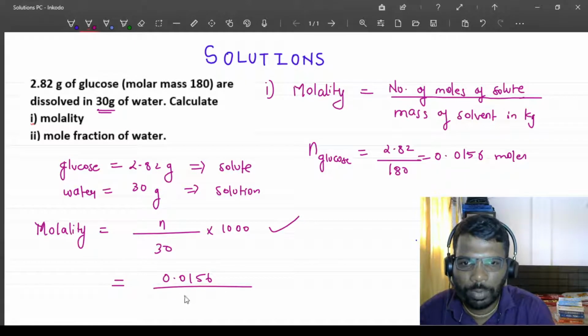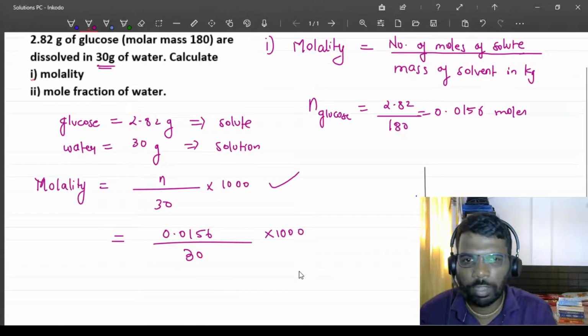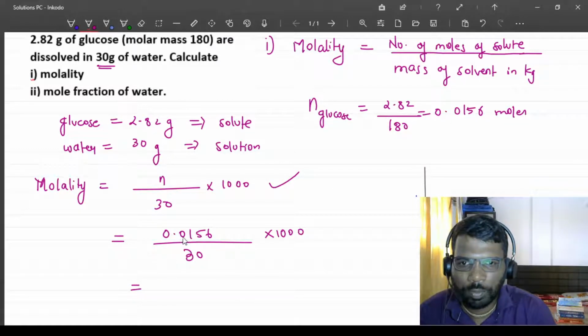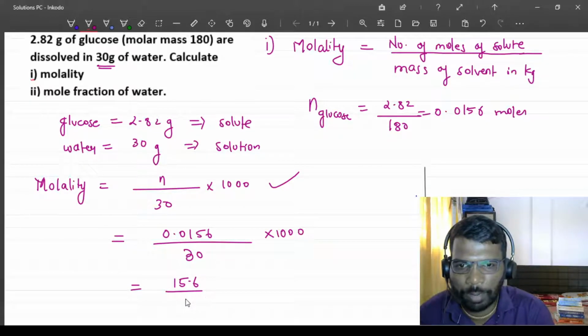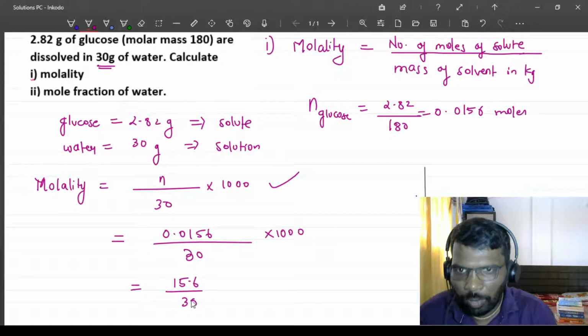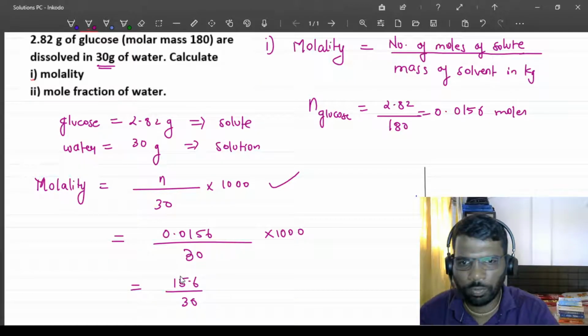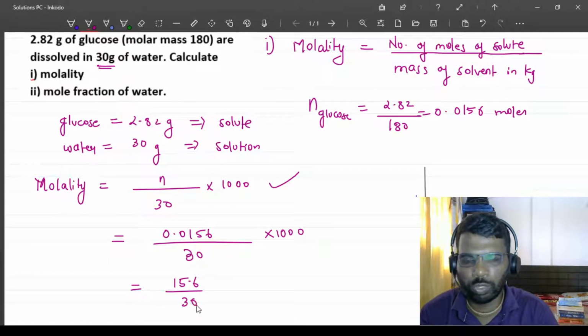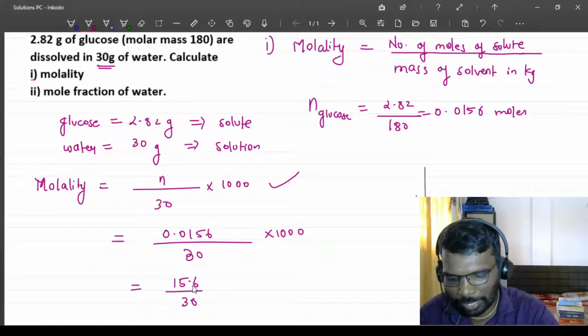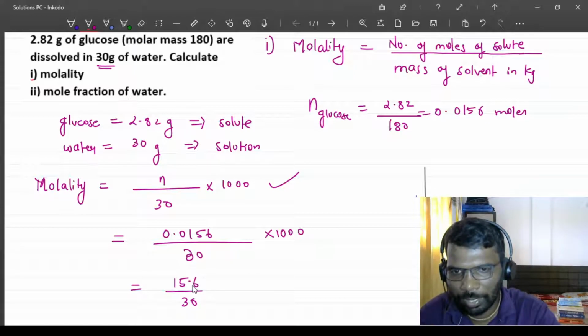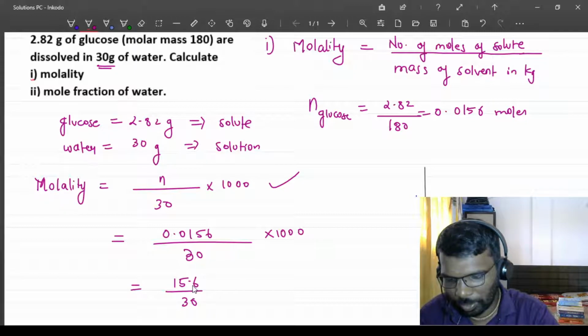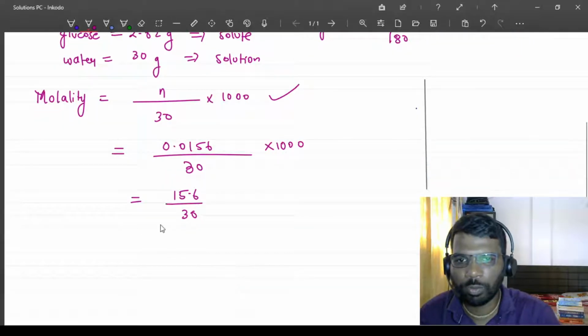So here I am writing molality to be 0.0156 moles divided by 30 into 1000. Further, this could be written as 15.6 divided by 30. If you do some approximation, it will be close to 0.5, but I'll get the exact answer. 15.6 divided by 30 is 0.52.